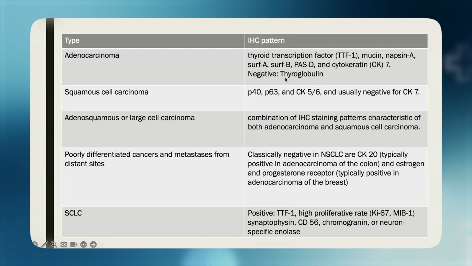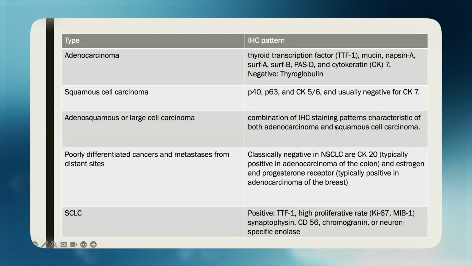Where was the TSH secretion? Which one was it? It was squamous cell, TSH secreting tumor. In squamous cell, the common markers are P40, P63, CK5/6, but usually negative for CK7. Adenosquamous or adenocarcinoma, you generally have to differentiate from adenocarcinoma of other regions, like it could be metastasis from adenocarcinoma of the colon or breast cancer.